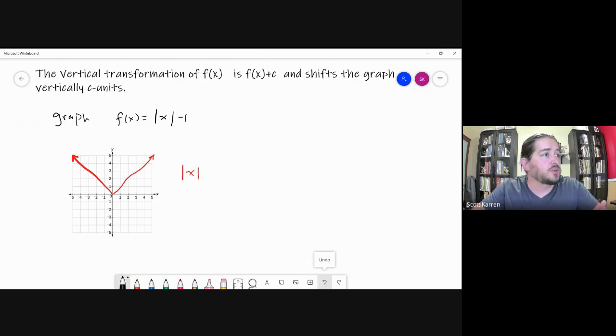And then if I want to draw the function that I've listed here, the absolute value of x minus 1, that just shifts everything down. And so then my new graph is here, almost an equally wavy line.